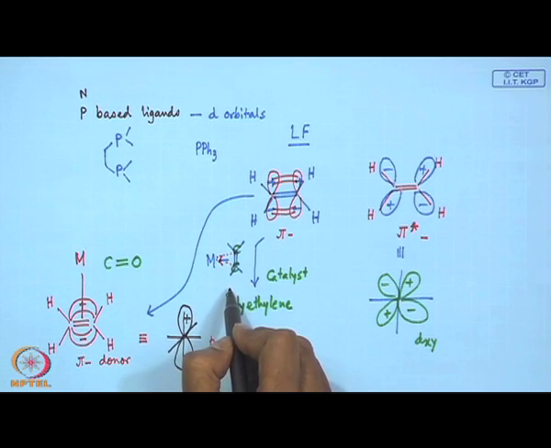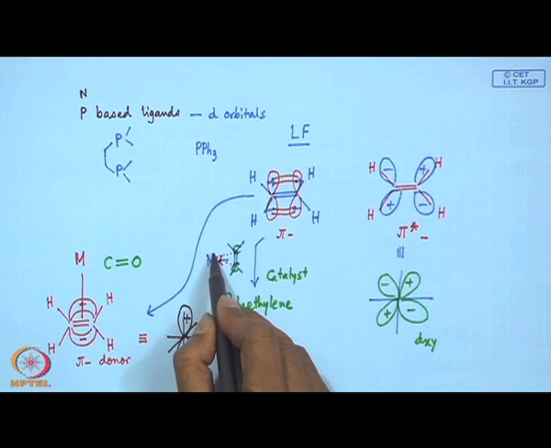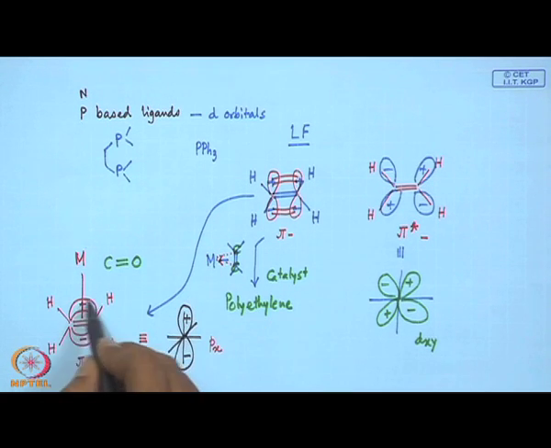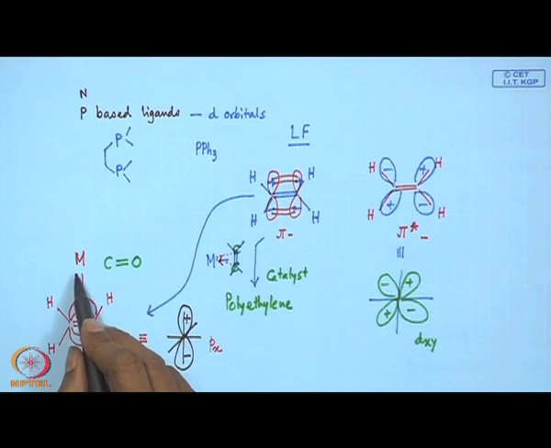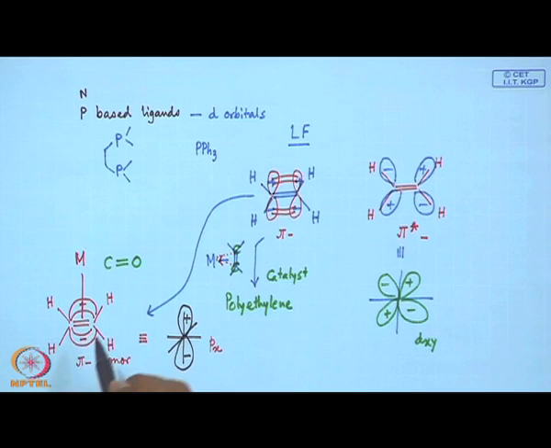So, in perpendicular orientation the ethylene molecule is bonded to the metal side. That is why the pi electron density in between the carbon-carbon axis is being utilized for donation to the metal center. We do not have any direct bonding to either carbon, C1 or C2, with the metal center.